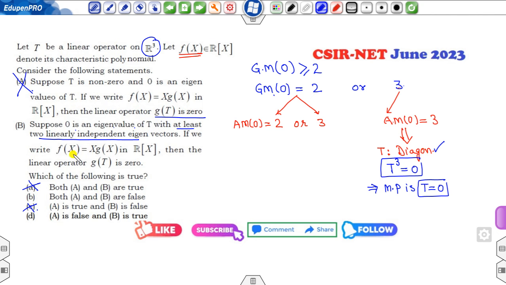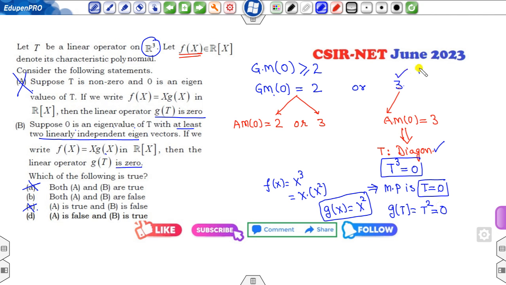Now what is f(x)? It is x cube, which I can write as x times x square. Then g(x) is x square, and g(T) is T square. Once T is 0, T square is also 0. So for this case, the second option is correct.